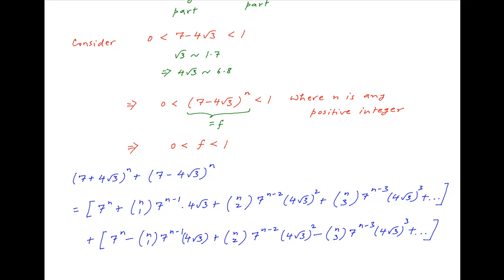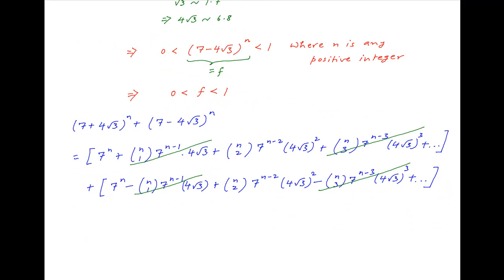Now note that the second term in the first bracket cancels with the second term in the second bracket. Similarly, the fourth term in the first bracket cancels with the fourth term in the second bracket, and so forth.